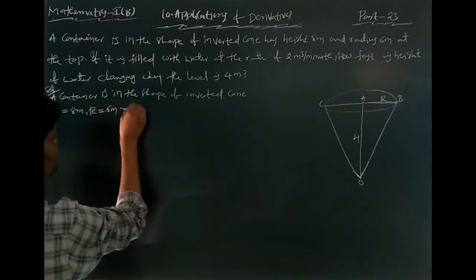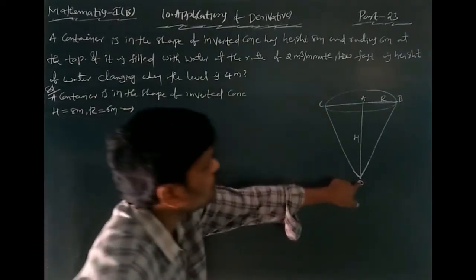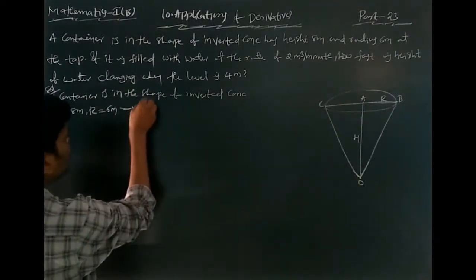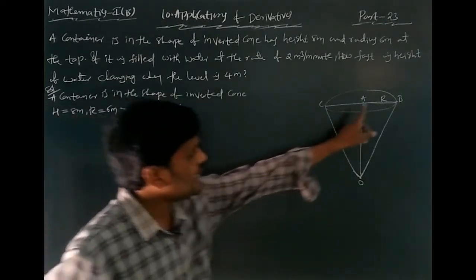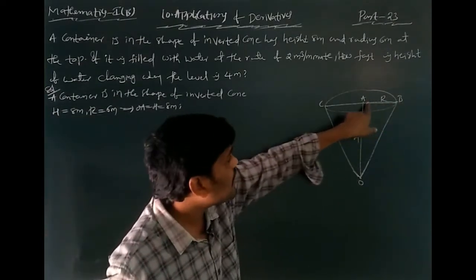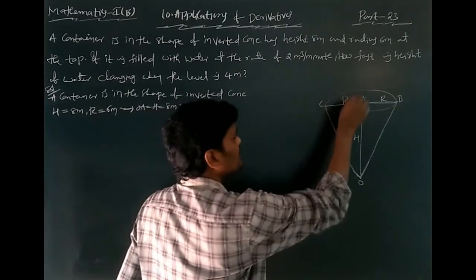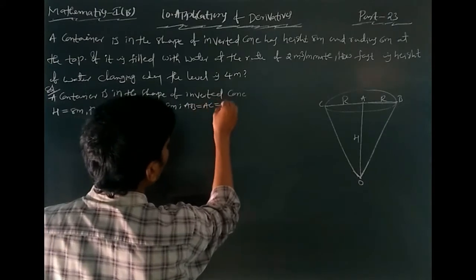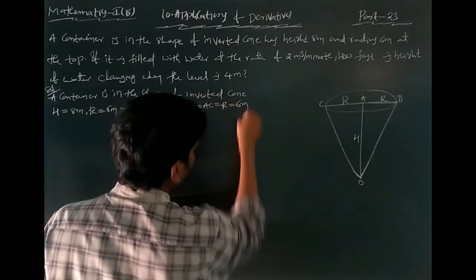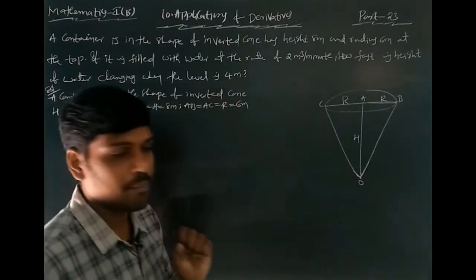Here capital H is OA, so OA equals capital H equals 8 meters. AB is the radius, also AC is the radius. That's why you can write AB equals AC equals radius capital R equals 6 meters. This is the given information.